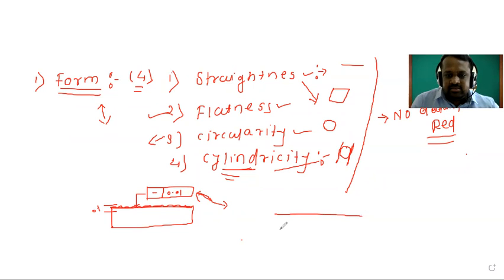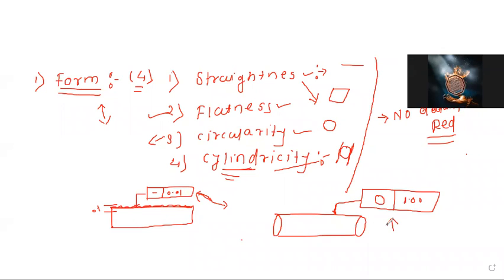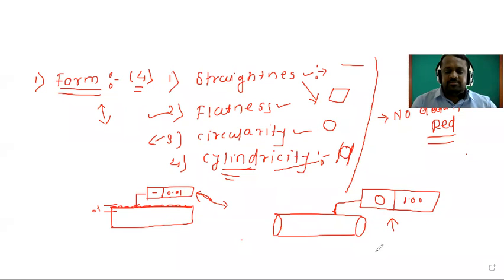Okay, suppose they have given like this. Then tell me, what is the meaning of this?